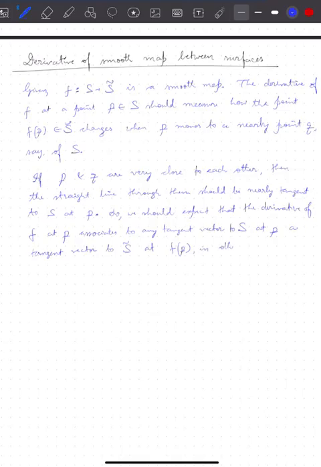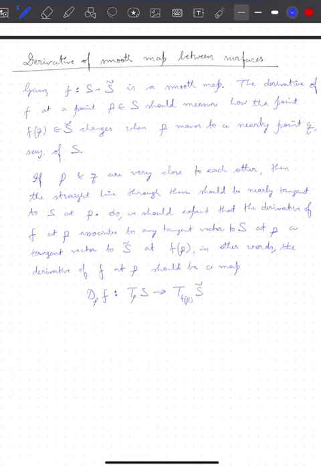So in other words, the derivative of f at p vector should be a map. And what does this map do? The derivative d_p f is a mapping from the tangent plane of S at p to the tangent plane of S tilde at f of p, right?